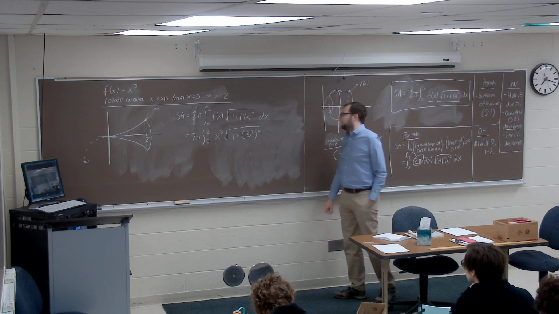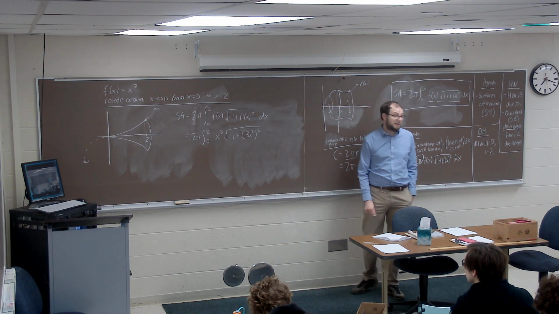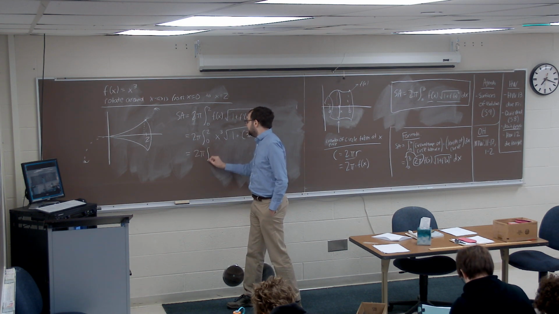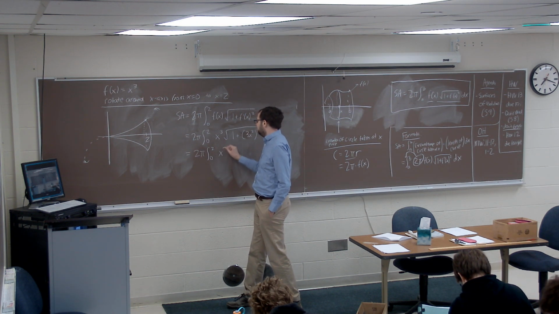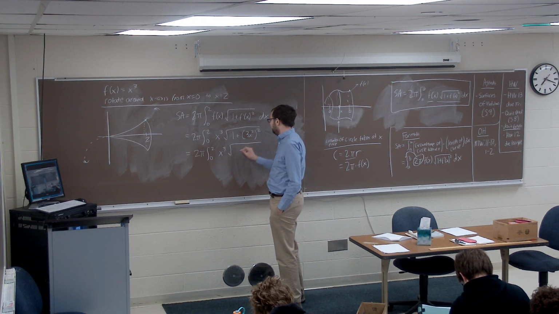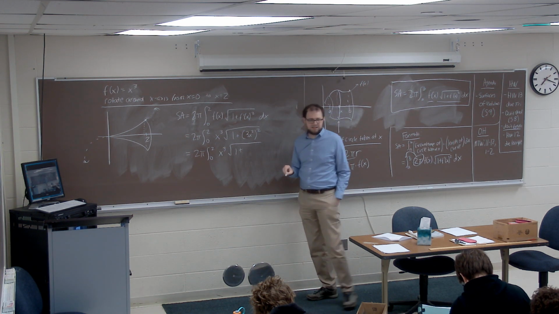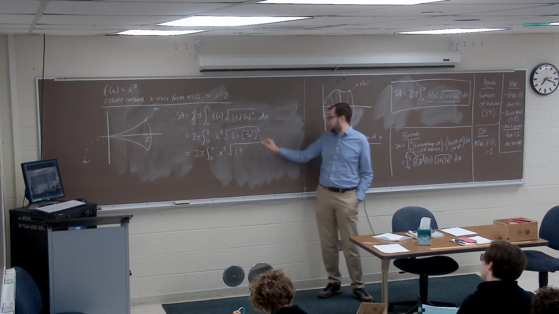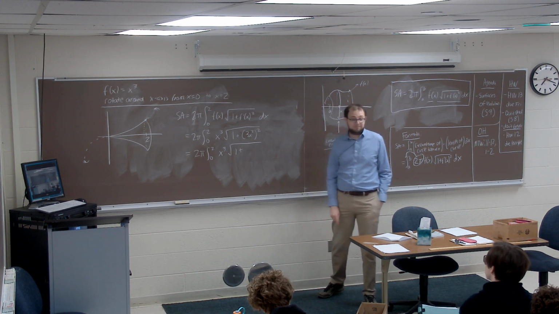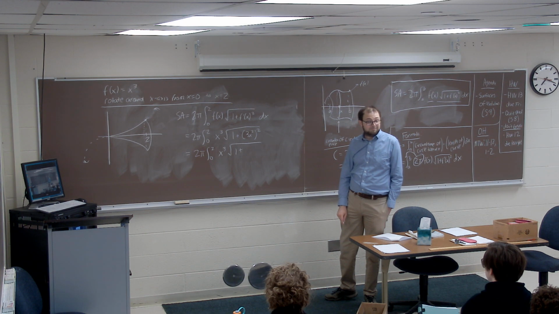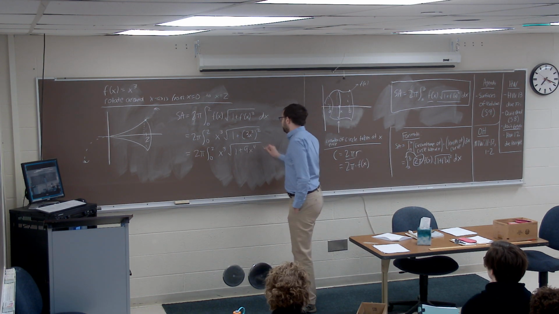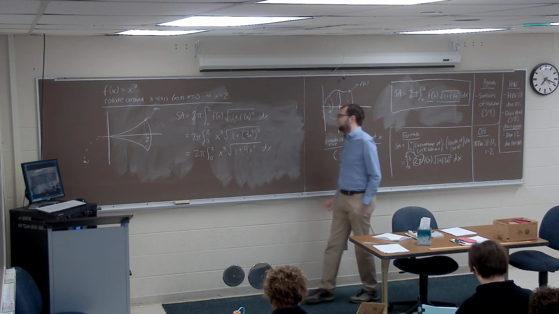So we get 1 plus 3x squared, quantity squared. Or in other words, 2 pi times the integral from 0 to 2 of x cubed square root of 1 plus, Kate, what would we get if we took 3x squared and then squared all of that? 9x to the 4th. 1 plus 9x to the 4th.